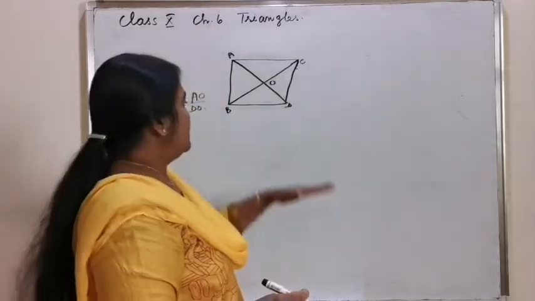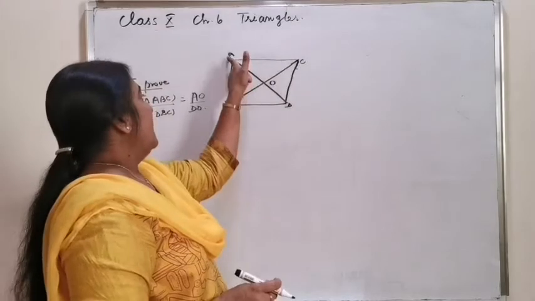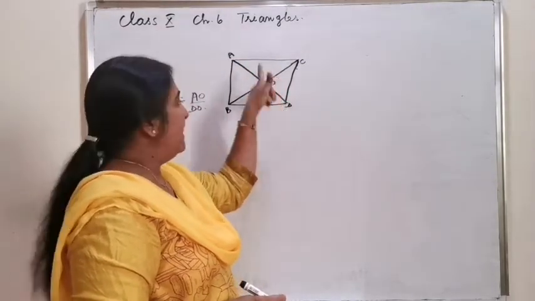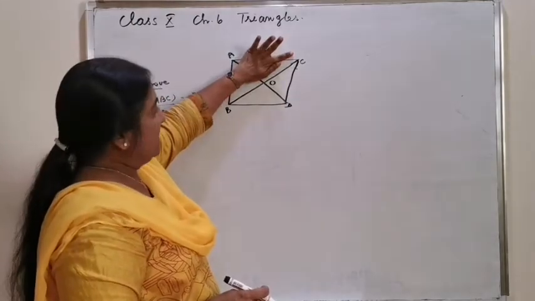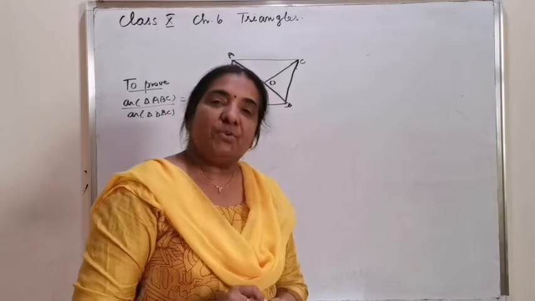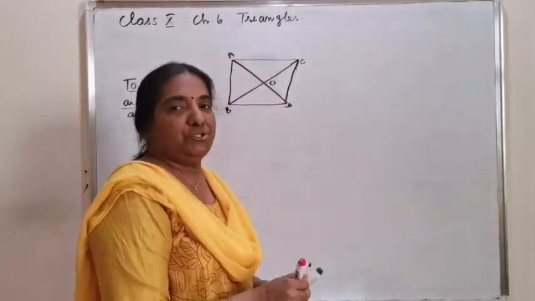Here, when you check the area of triangle ABC, AO is not an altitude. In the same way, in triangle BDC also, DO is not an altitude, so we cannot apply the concept of half into base into altitude.